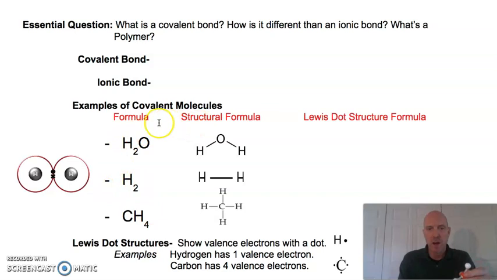This is the formula, H2O. The structural formula is like that. I just wrote down H, that line represents this pair of electrons, O, pair of electrons, H. In a minute, we're going to do the Lewis dot structure, which is the best part.